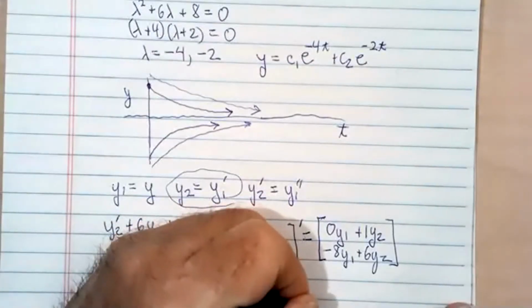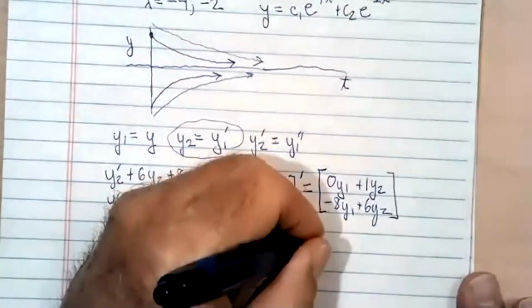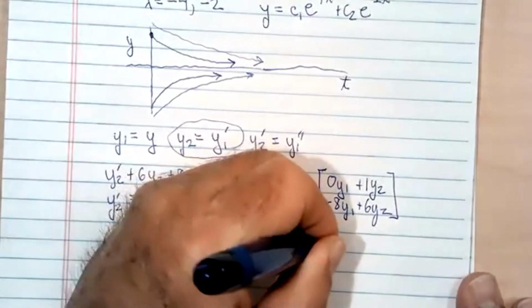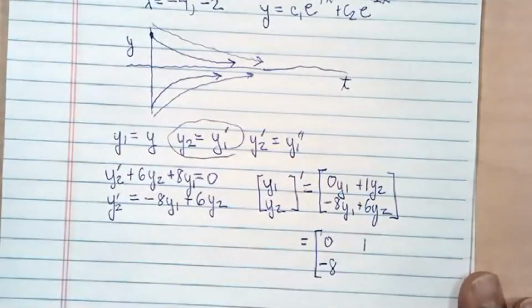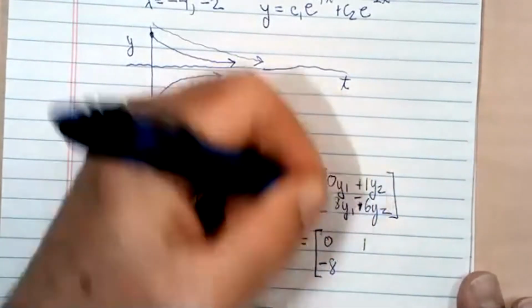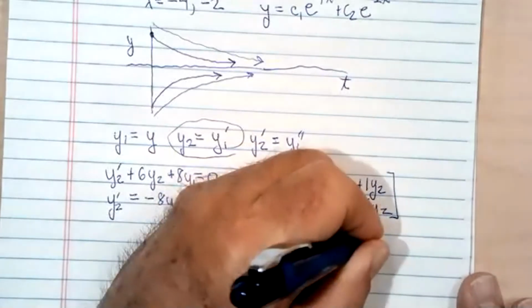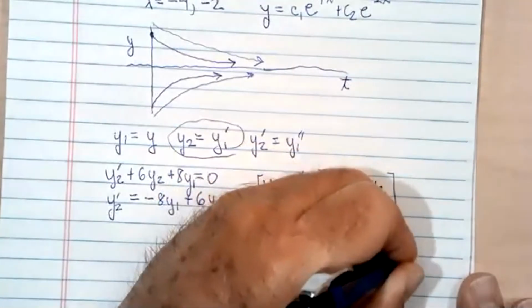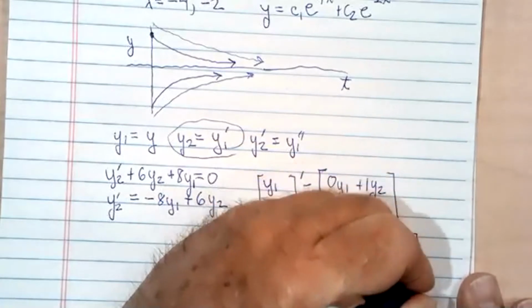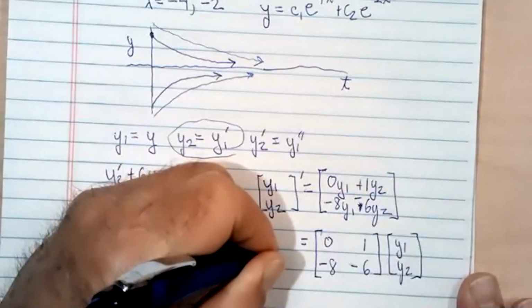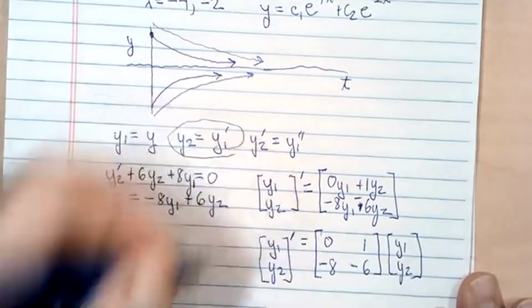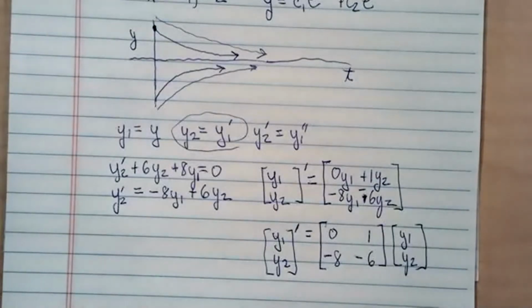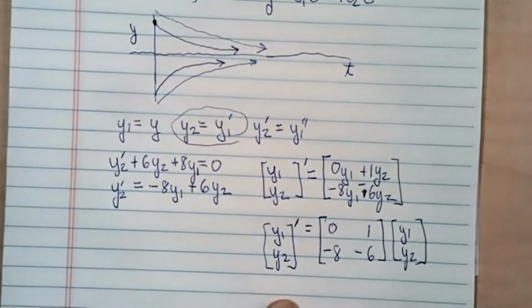So if we write it with matrix multiplication, as we will want to, it's 0, 1, minus 8, minus 6, times y1, y2. So there's our first order system of equations.